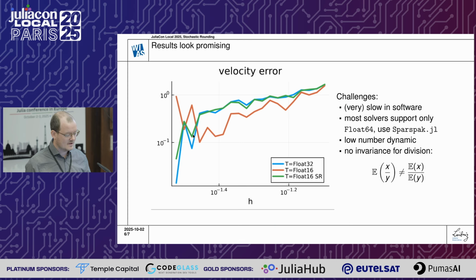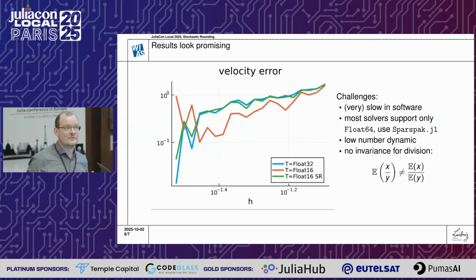So the error is equal, while half precision without stochastic rounding, the orange line, does something random. Pun intended, because it's not random. If you implement something now, you see, yeah, that's obvious. Let's do everything now in stochastic rounding.